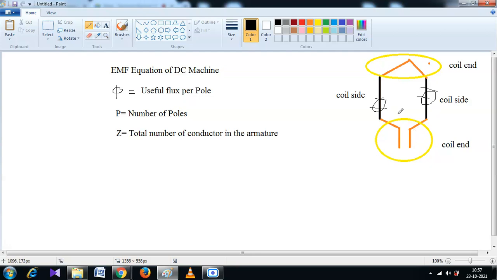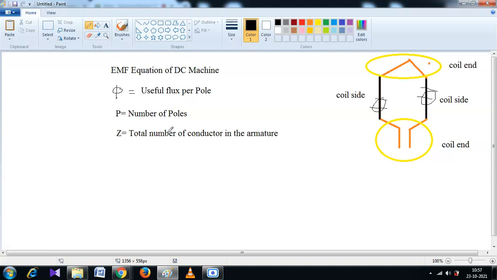Suppose a coil consists of N number of turns. Then how many coil sides are there? Two N. Good.